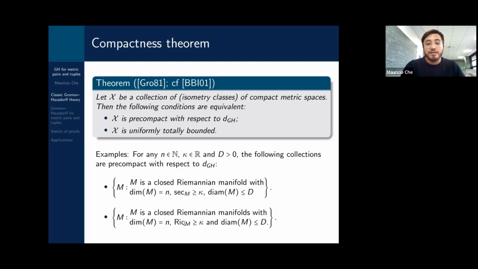And the same happens if we instead consider the Ricci curvature bounded below, right? And as I said before, the limits of these classes of sequences of elements in these classes of spaces give Alexandrov spaces and RCD spaces, which are these metric spaces with synthetic notions of curvature bounded below.